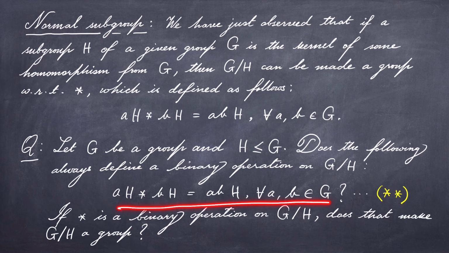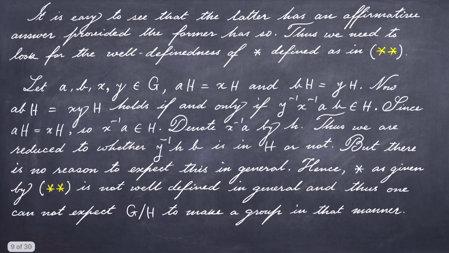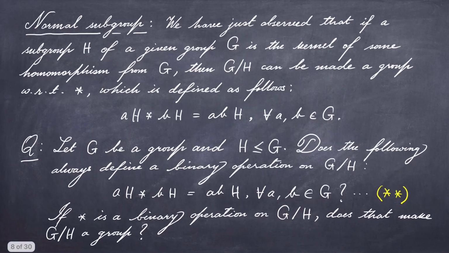And the next question is, if this forms a binary operation, then with respect to that binary operation, does the set of all left cosets of H in G become a group? Okay. While answering this question, let's first observe that the second question has an affirmative answer if the first question has an affirmative answer.